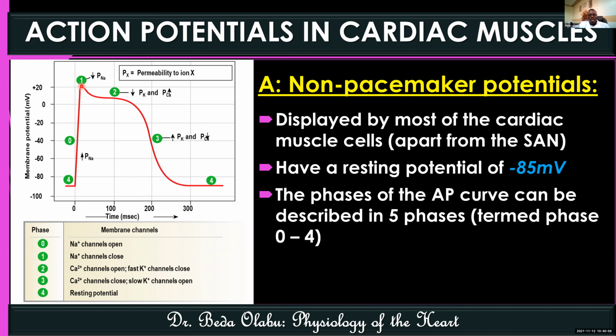So what is phase 1? Phase 1 is the overshoot phase. And the molecular event here is closure of voltage-gated sodium channels. So we no longer have sodium influx. Therefore, we cannot continue with the upstroke.